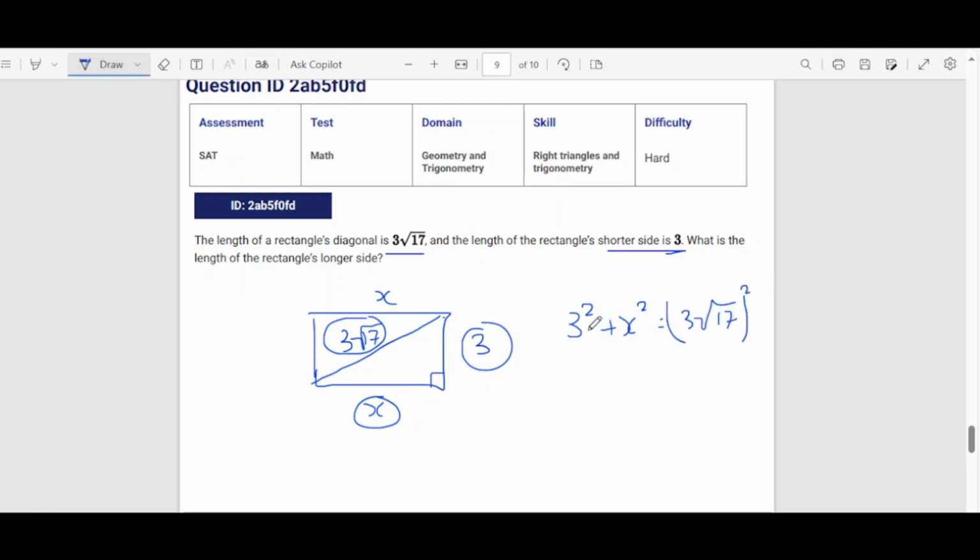All right, so 3 square is 9 plus x square equals, that is 9 into 17, because the under root will be cancelled by the square, and 3 square equals 9. So 9 into 17 gives us 153, and 153 minus this 9, because 9 will go there and be subtracted, equals 144, and x square equals 144. So taking square root on both sides gives us x equals 12, and x here is 12.